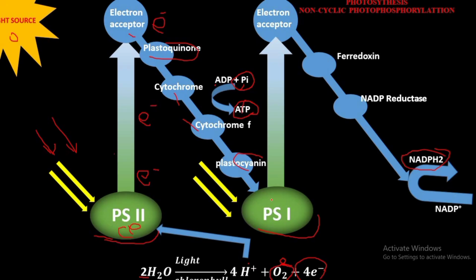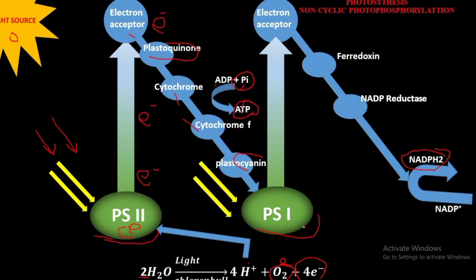Photosystem 1 also absorbs light from the sun. The electrons from photosystem 2, through a series of electron carriers, reach photosystem 1 with low energy, and then light energy excites these electrons again.